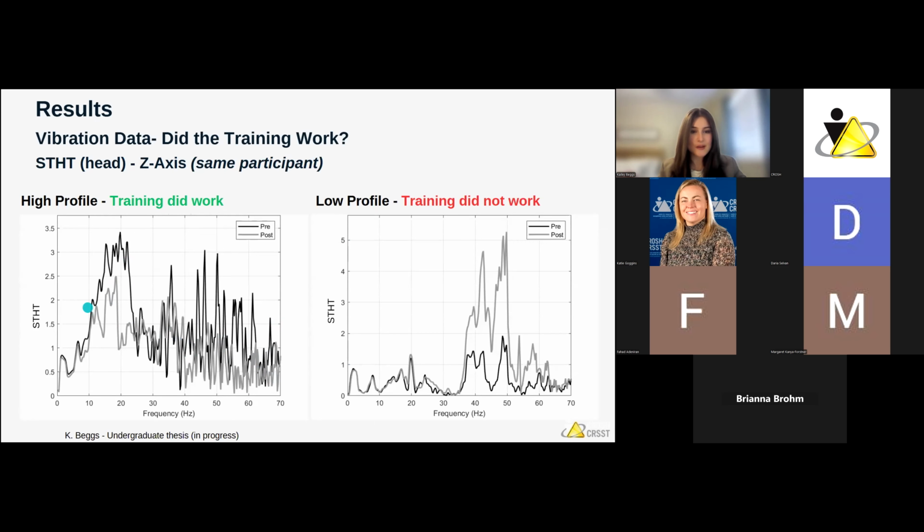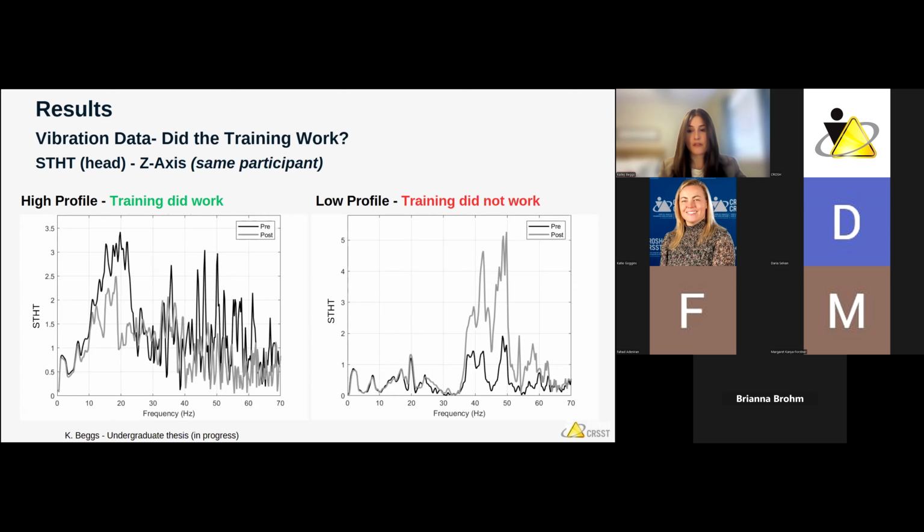There are lots of little peaks, but you can see again the pre values look to be higher than the post. For the low profile, though, the post looks to be much higher than the pre values. So again, we're seeing a lot of variability, differences between participants and differences between profiles. There's a lot going on here.